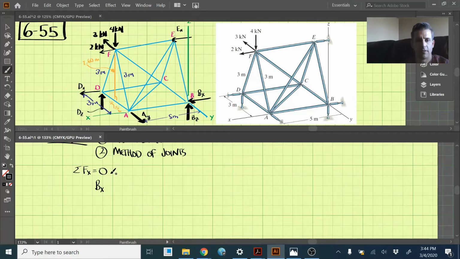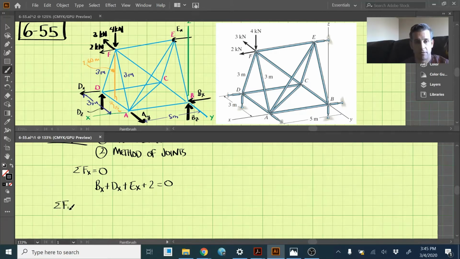We have Dx plus Dx plus Ex, and then we also have this 2 kilonewton force at the top in the positive x direction, so positive 2 equals 0. That's 3 unknowns, 1 equation, so we can't solve that.